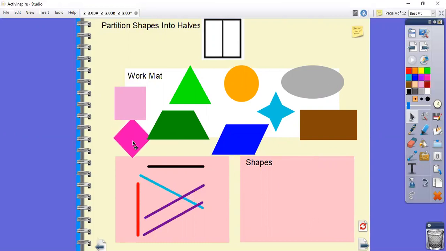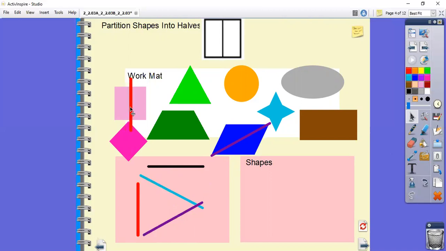Okay, something that's important to remember, whenever you are cutting these fractions in half, you want to make sure that those halves are the same size and shape. This is a good lesson to remember also for when you are sharing things. You want to make sure that whatever you're sharing is equal.